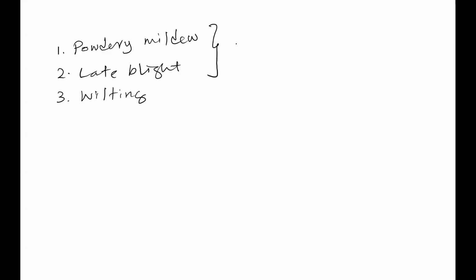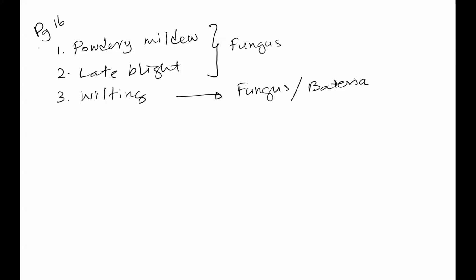Powdery mildew and late blight are caused by fungus only. Wilting can be caused by fungus or bacteria.